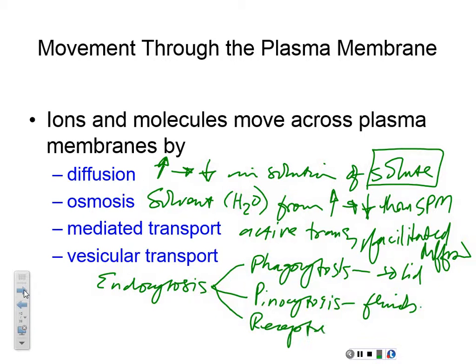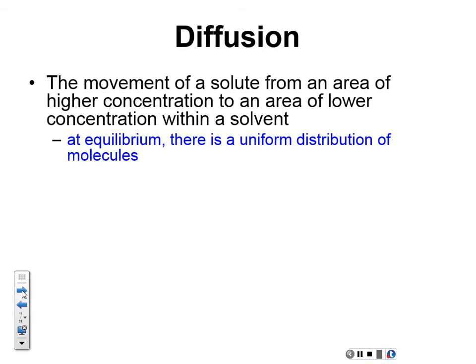Whatever is being moved attaches to a cell surface receptor, and then the membrane pinches off and it's internalized. But whatever is being engulfed has to be attached to the receptor on the cell surface first. So receptor mediated endocytosis, all right? And then what's the other vesicular transport? Exocytosis is last. I'll go through these in turn, okay? So we'll cover the definition for each and some of the properties.